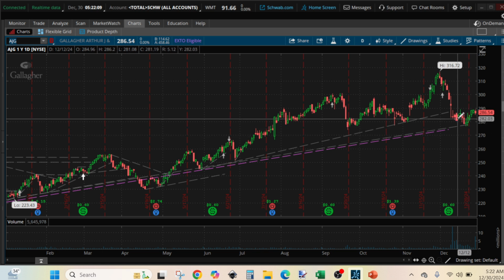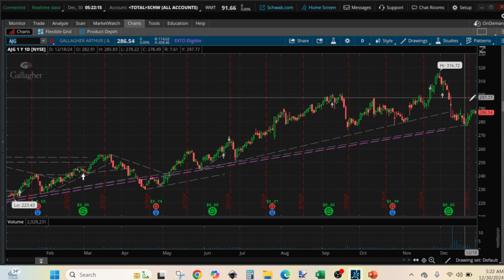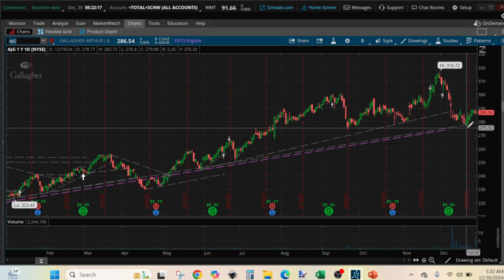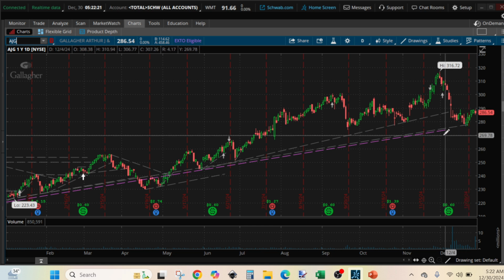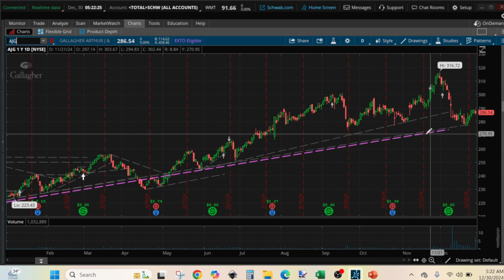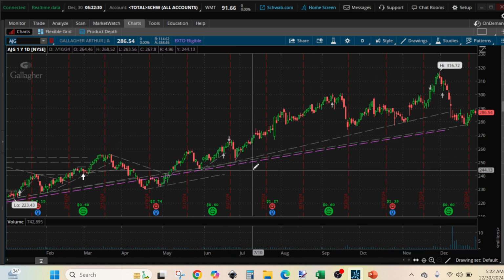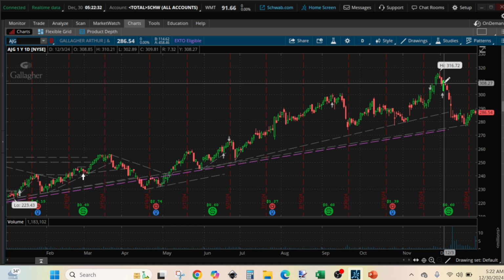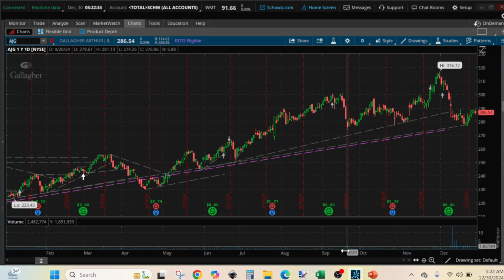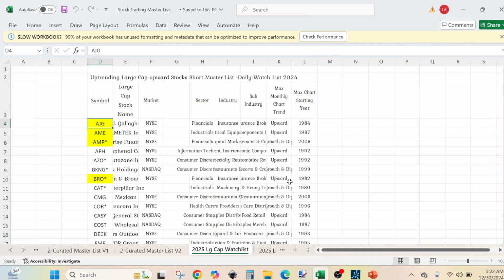I don't know if I will buy more or not, but here would be where I would want to buy on this line. And I don't know how often it touched it or not, but again, we bought it here, so we can hold on to that until we sell it.